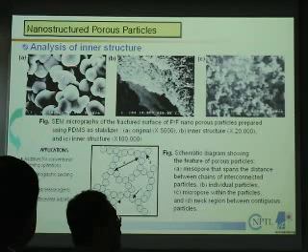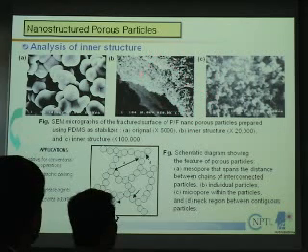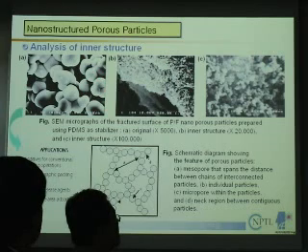And from this main particle, this is the part of the broken areas, and this is the actual surface of these aerogel particles.